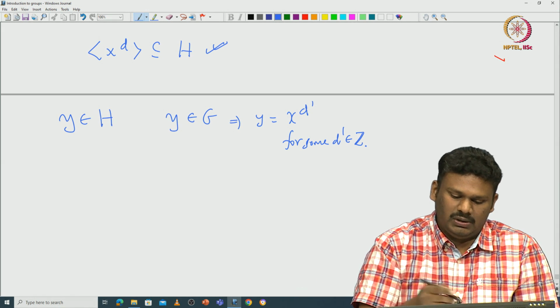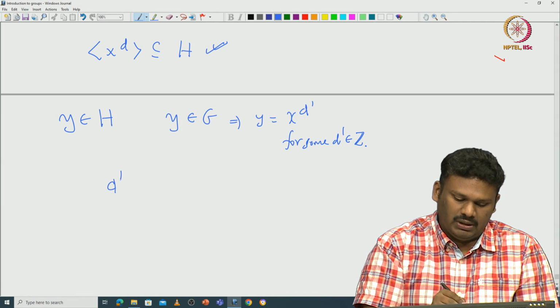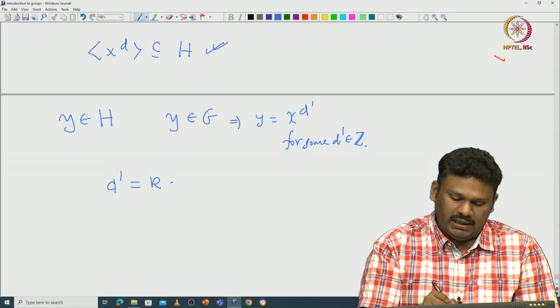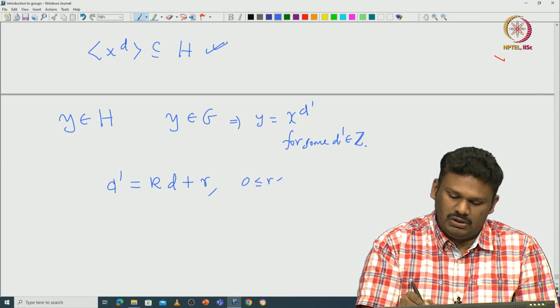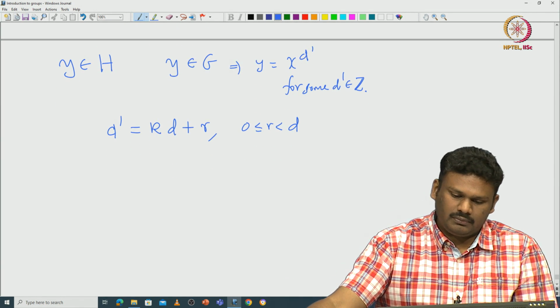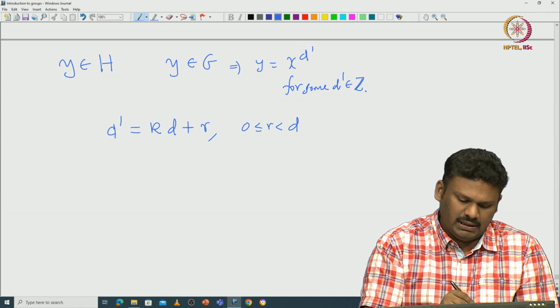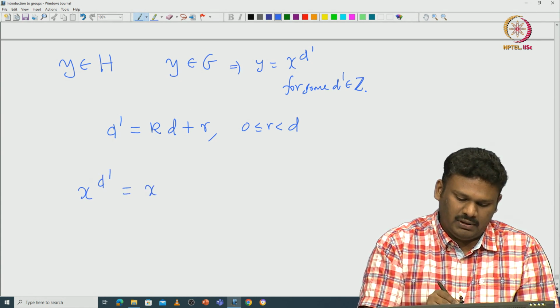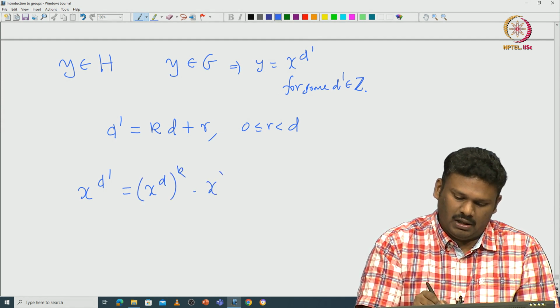Now to do that, again we have to go back to the division algorithm, nothing else. You take d dash equal to some k times d plus some r, where r is smaller than d. Now you can do the computation. You can see that x power d dash is the same as (x power d) power k times x power r.